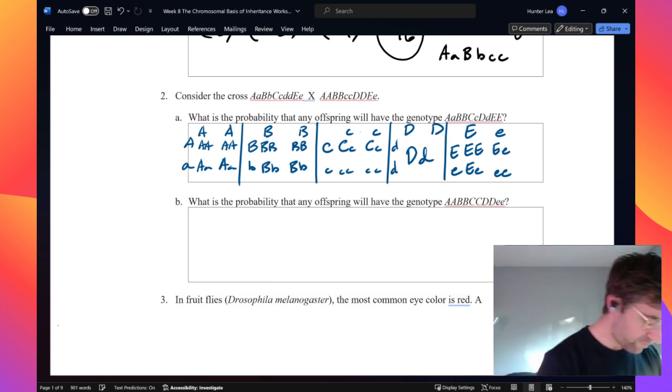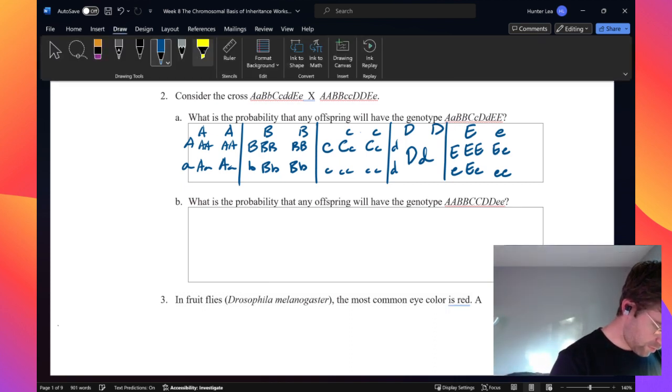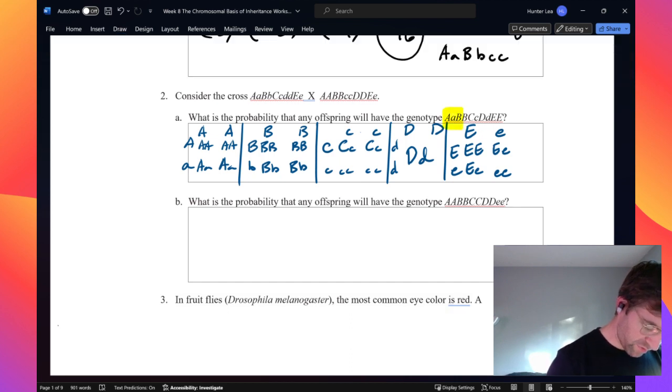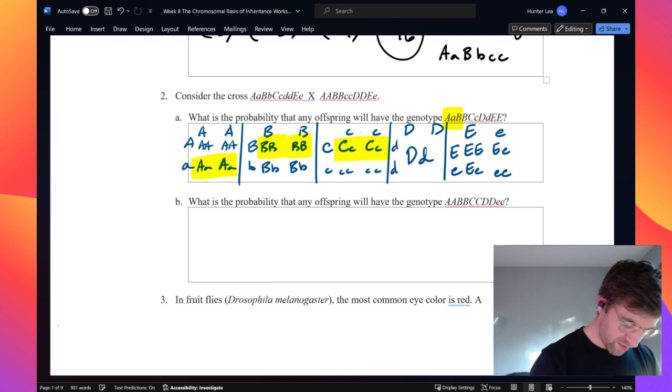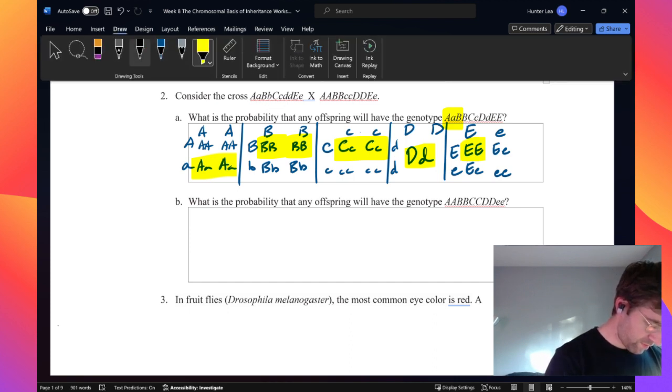And then we just go component by component. Big A, little a. Big B's, big C, little c, big D, little d, and big E's. And then do our math.